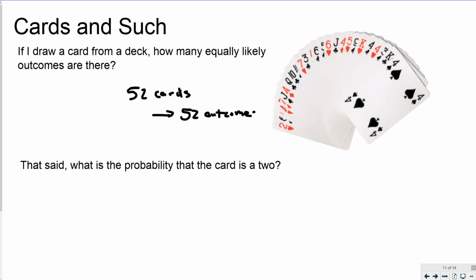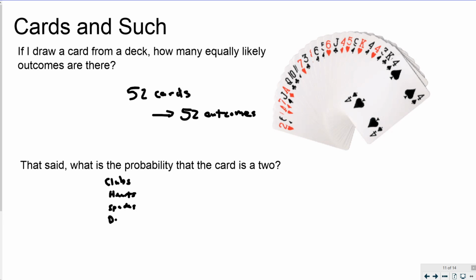So that said, what is the probability that the card is a 2? There are 4 different suits, excuse me, guys. You've got your clubs, you've got your hearts, you've got your spades, and you've got your diamonds.